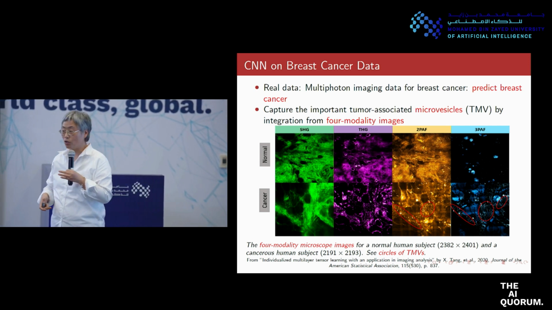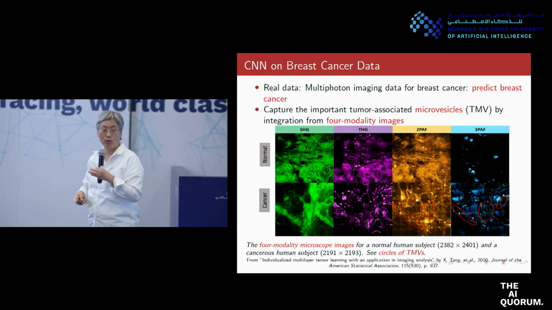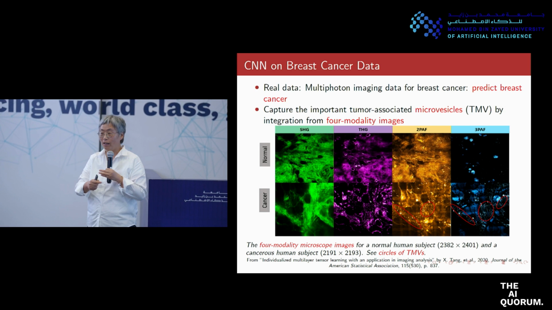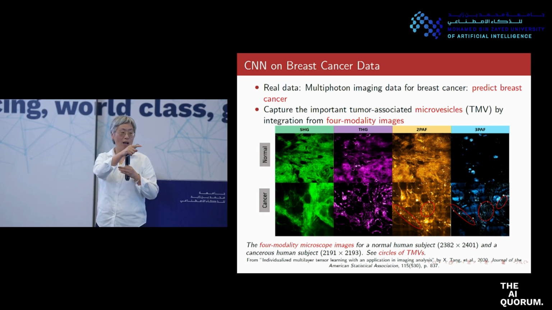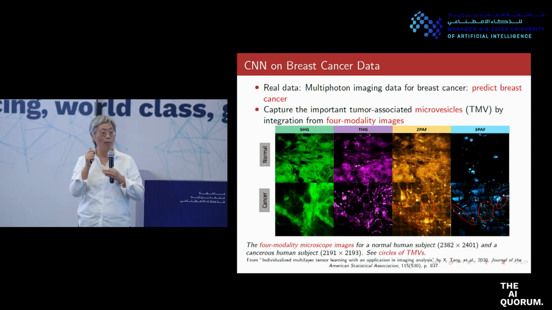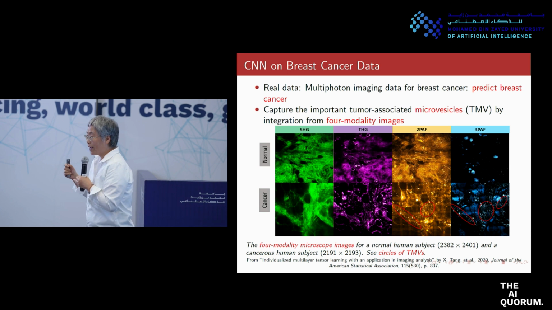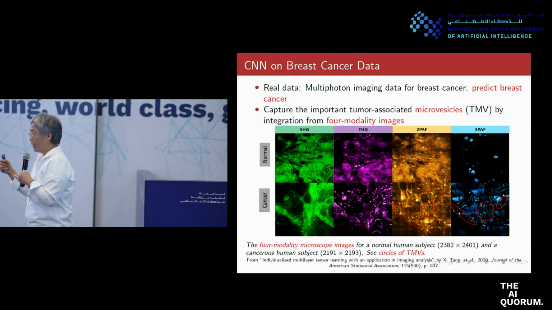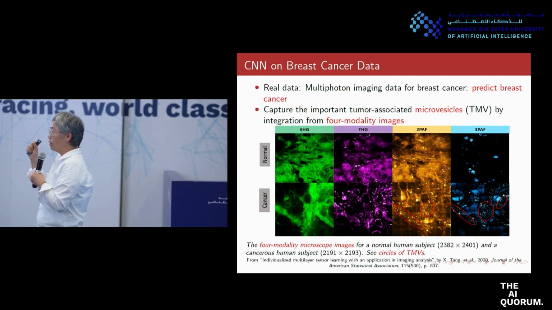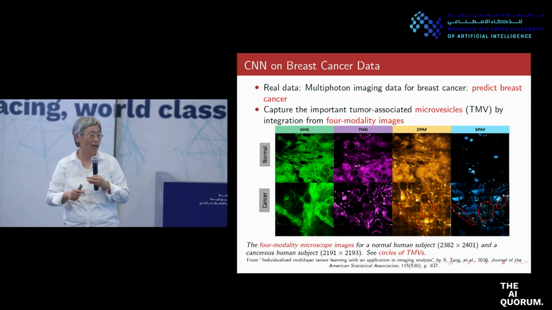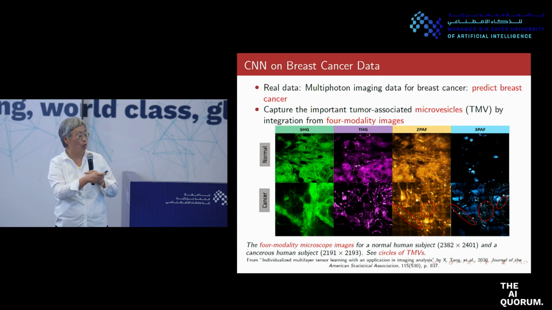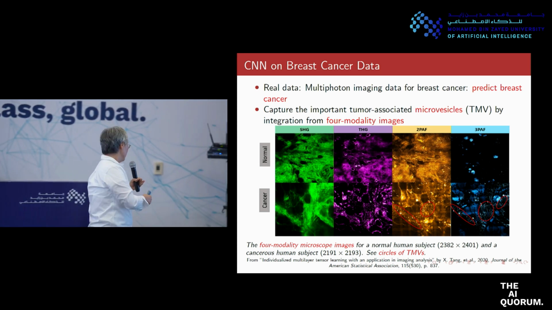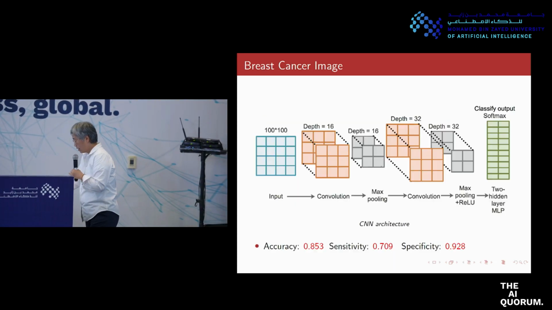This is what we call tumor-associated microvesicles. So if we are able to identify this kind of highly concentrated tumor-associated microvesicle, we are eventually able to tell that the person will develop invasive cancer before the tumor is formed, okay? So for this one, what is the CNN performance?